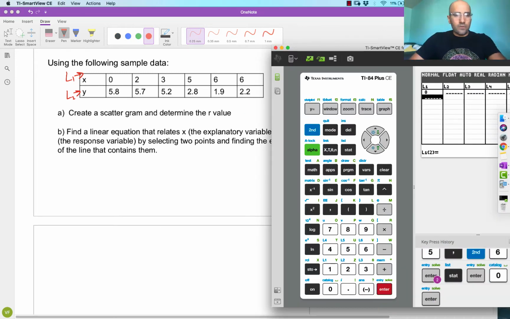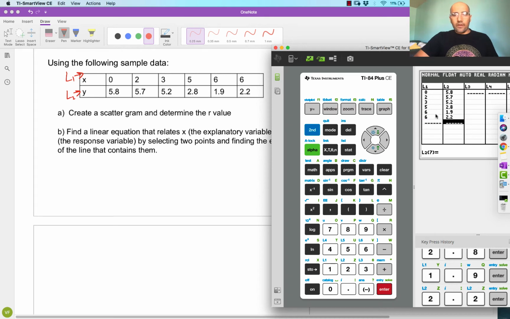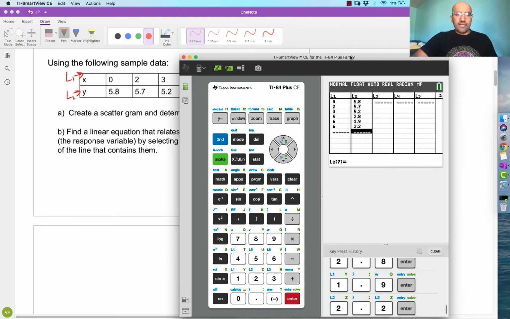So we have 0, 2. Okay, so there, we've inputted all our values, list 1, list 2. These are our x coordinates, these are our y coordinates. So they constitute ordered pairs, and then we're going to use our calculator to create a scattergram.